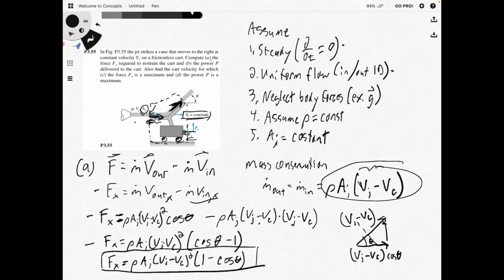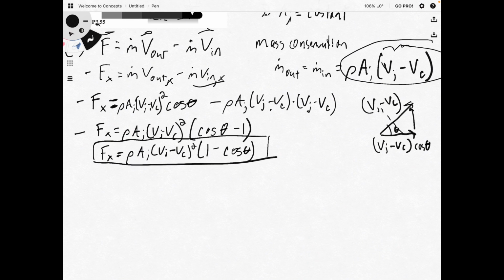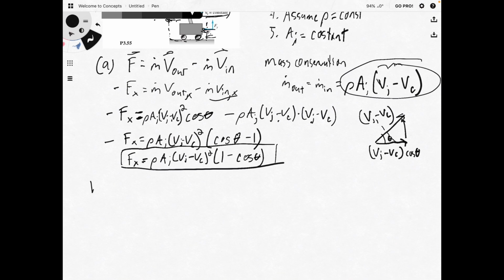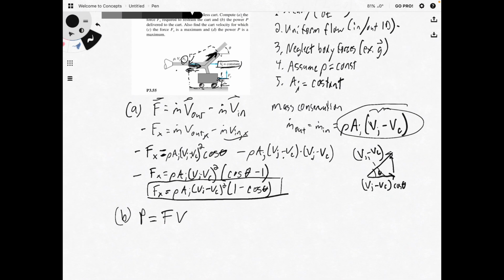So now in part B, we're asked to find the power P that is delivered to the cart. So to do that, we're going to note that the power is going to be the force that's applied times the velocity of the object on which you're applying that force.